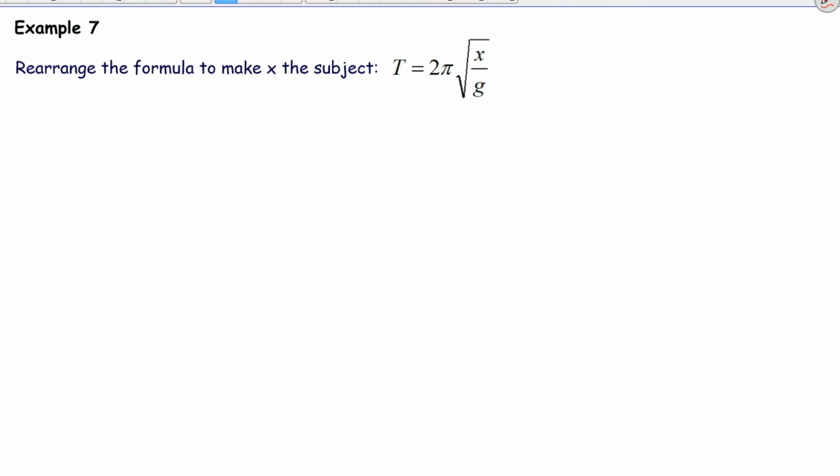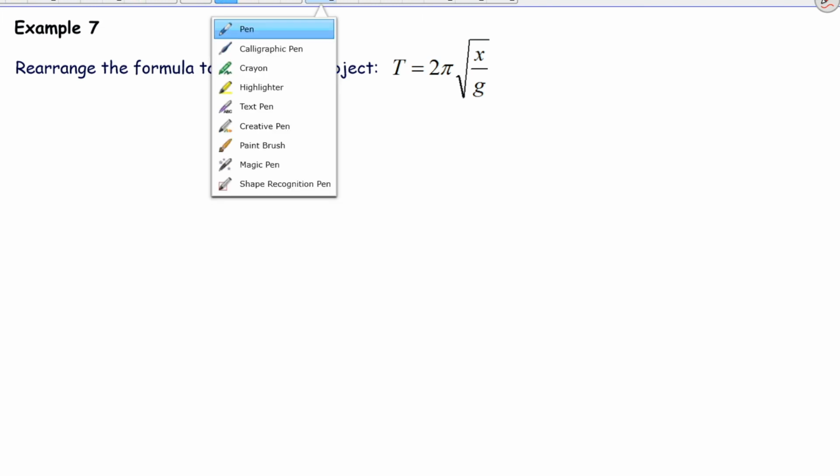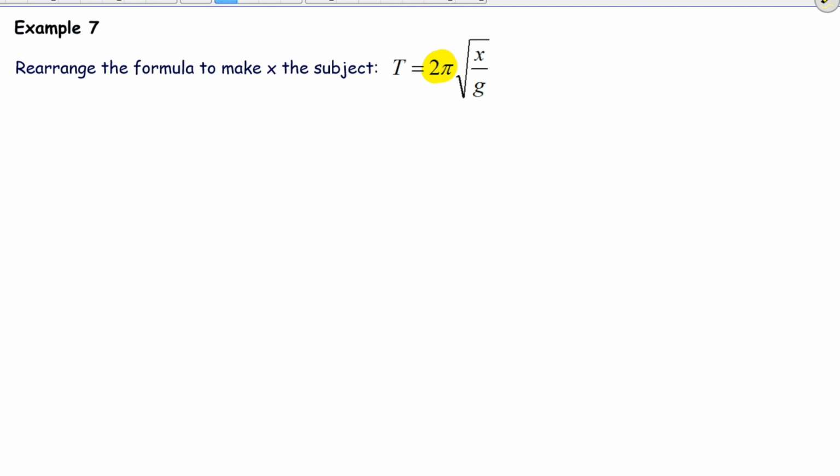Example 7. Rearrange the formula to make x the subject. Now, the first step here is you can notice that 2 pi is multiplied by the square root of x over g. So let's start by dividing by 2 pi on each side. Divide by 2 pi there, divide by 2 pi here. 2 pi divided by 2 pi will be equal to 1.